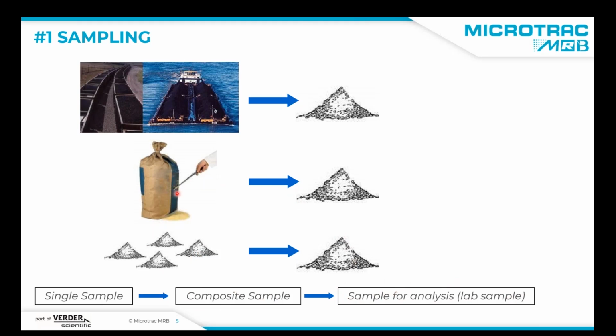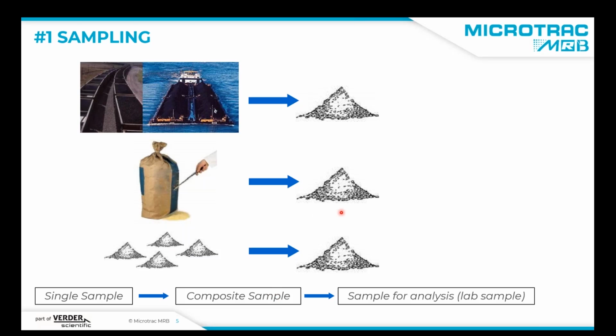You can use tools to obtain particles from different levels of your container or from different levels of your bag, like this lens here. So there are various tools available of different sizes where you can get several single samples from different levels of this material you wish to sample, and that you can unite to a composite sample.